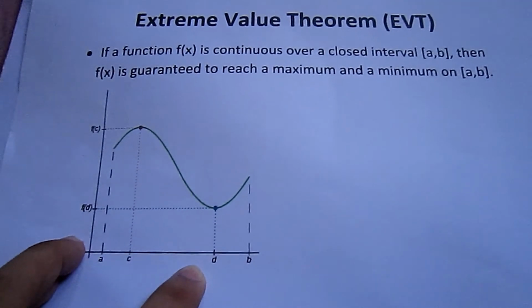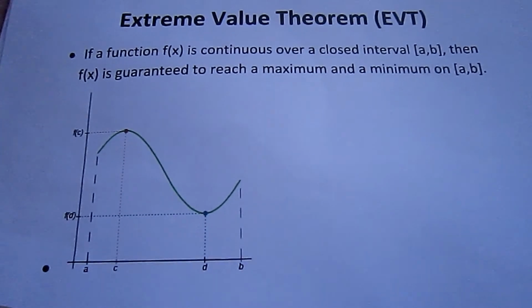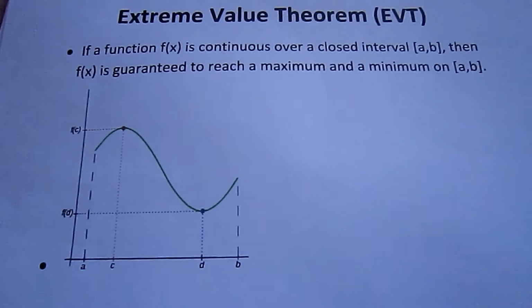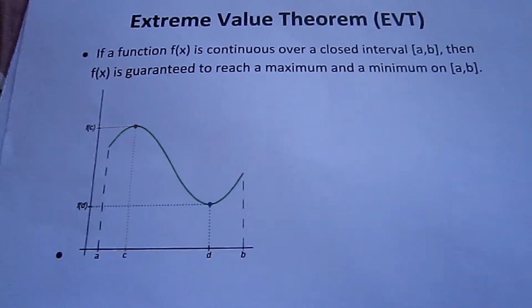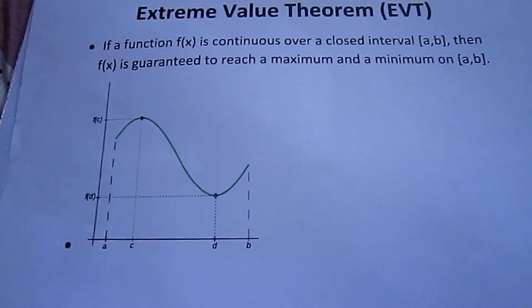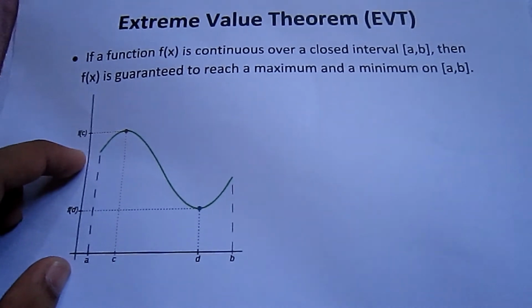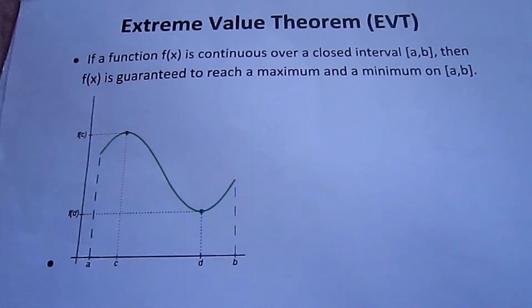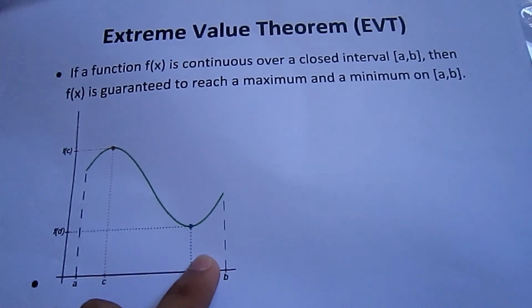So I've denoted the highest and lowest points in this graph to be C and D, meaning these will be the extremas of the function. So for example, here we have f of C as the highest point in the graph, and f of D being the lowest point on the graph.